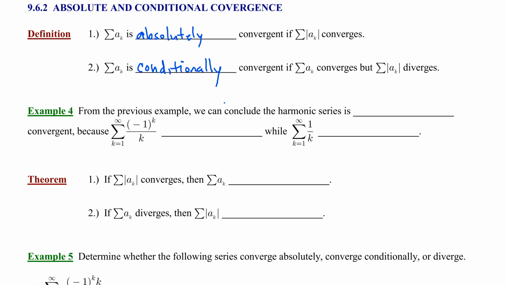In the previous example in our last video, we can conclude that the harmonic series is conditionally convergent, because the alternating harmonic series converges while the normal harmonic series, or the absolute value of this one, diverges.